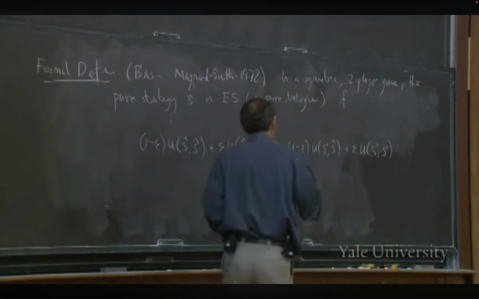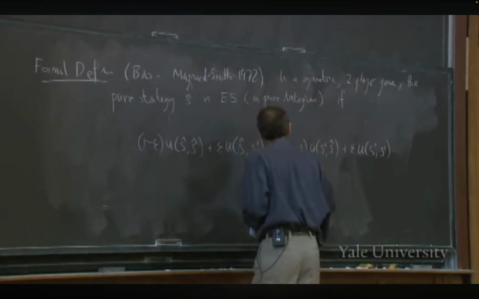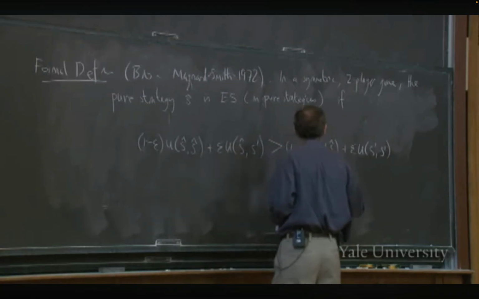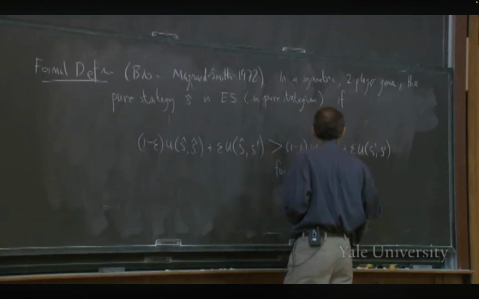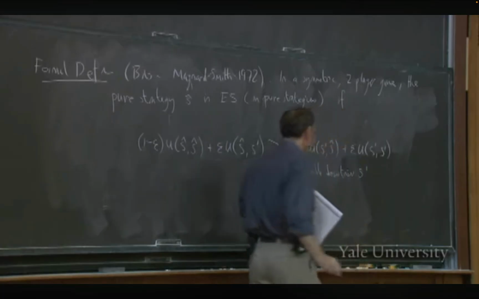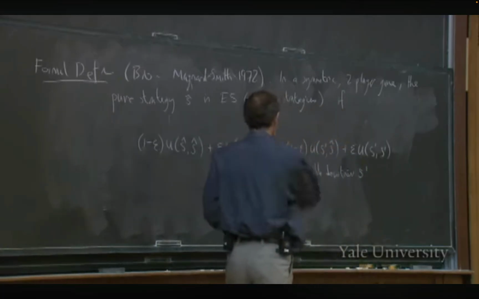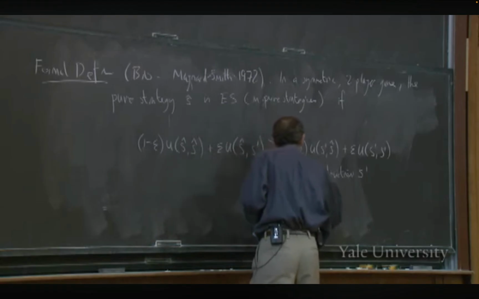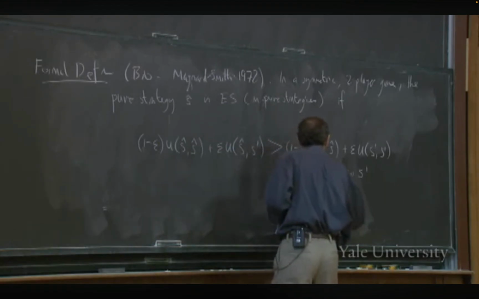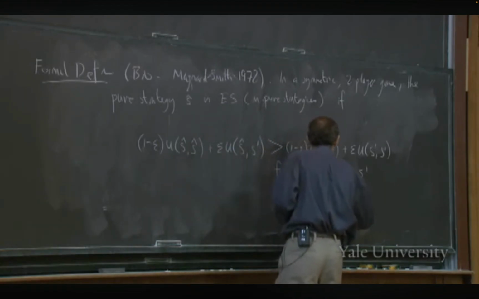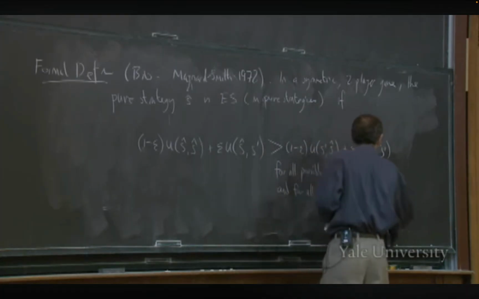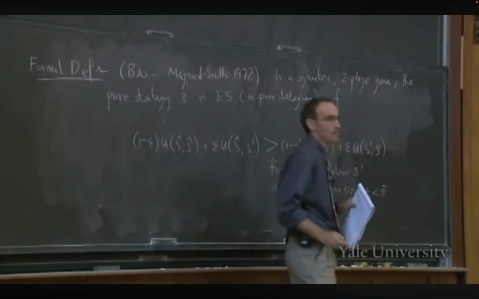All right? This has to be true for all possible deviations S prime. But we also, this is why I need the extra line, for all mutation sizes epsilon less than some epsilon bar.